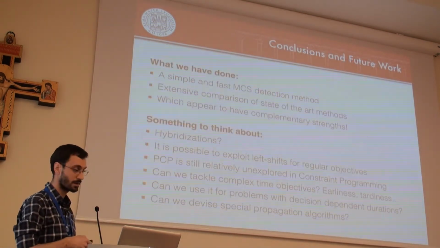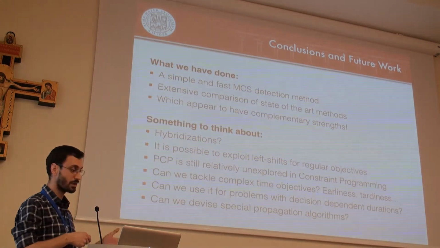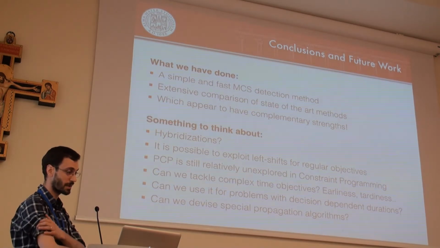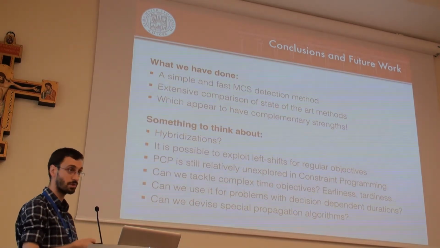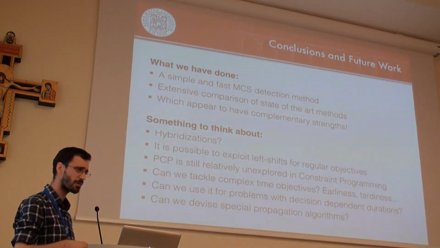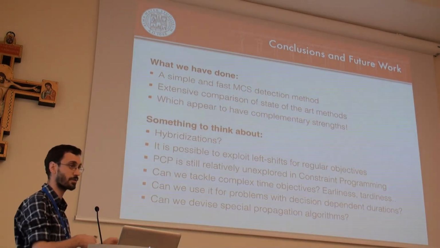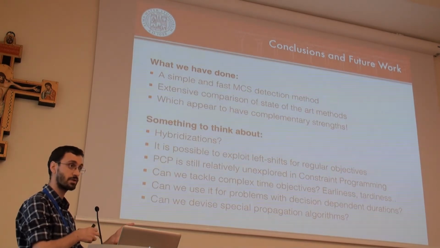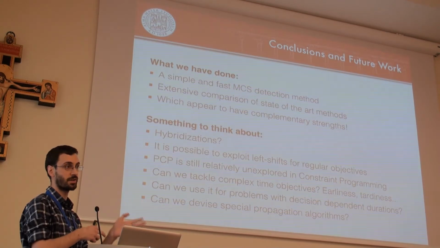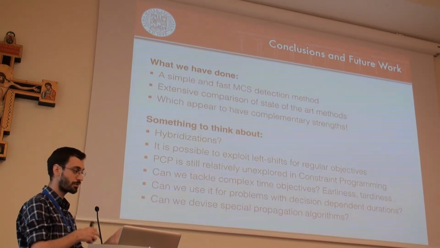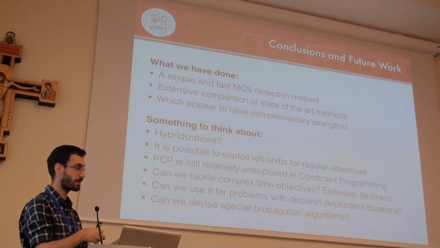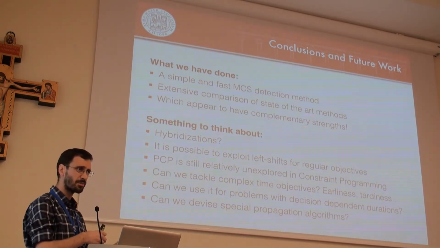So, to summarize, we introduced a new method for conflict and critical set detection for resource constraint posting. The method is simple, it is fast, it is nice for several reasons. We have performed an extensive comparison of state-of-the-art conflict detection methods, and the interesting result is that the three methods appear to have complementary strengths, and also the problems where they behave well and where they behave badly are pretty well characterized.